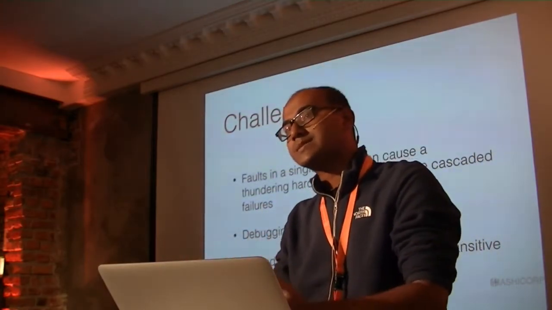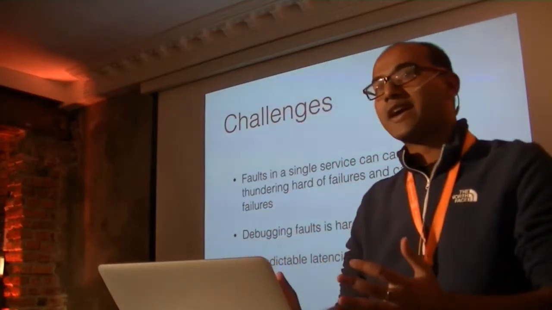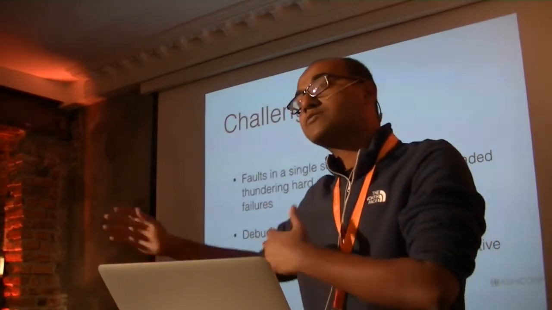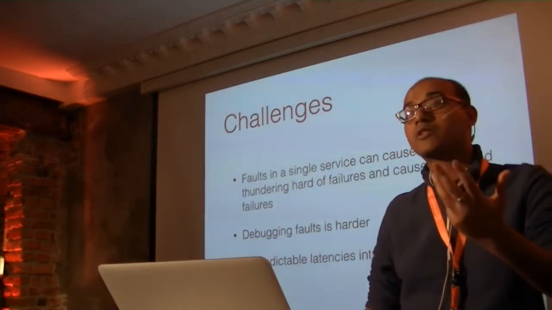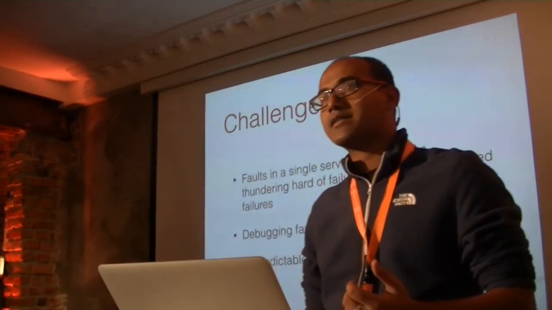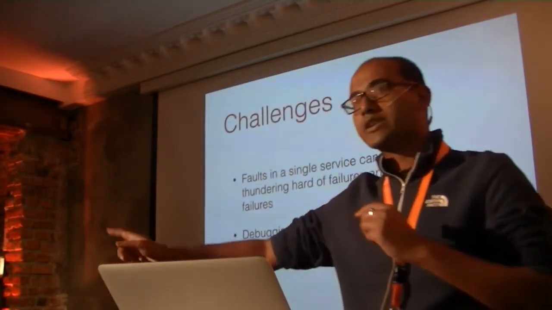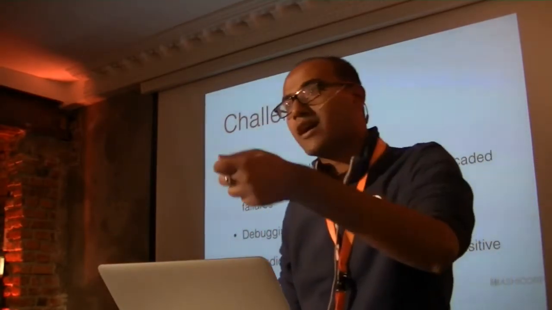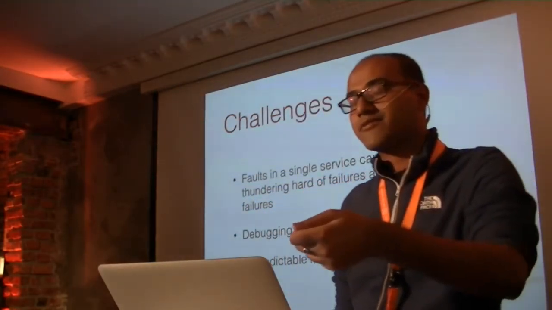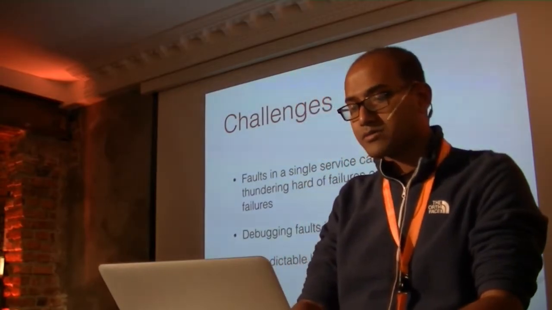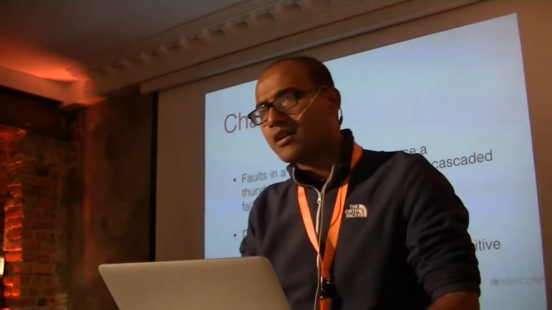If your team does a good job in writing the service that you are writing, it's all good and fine, but a downstream service can be responsible for your outage. So what it means is that every network connection you are making, everything that touches the network, put that under a magnifying lens, see how they can fail, and think about what needs to be done. Second, debugging faults is harder.